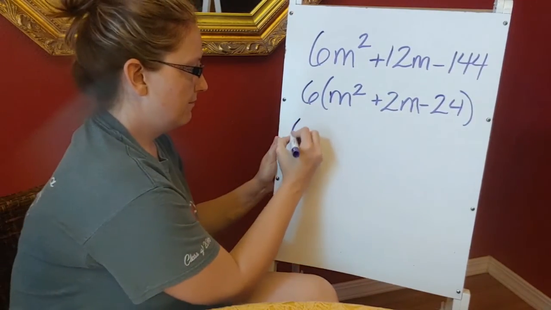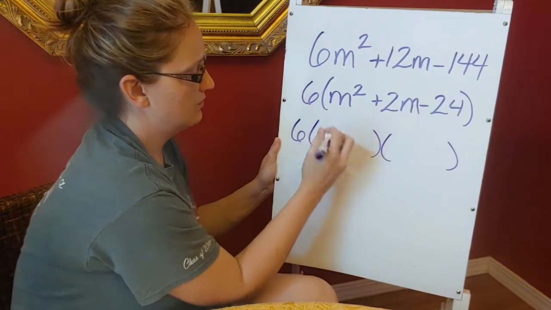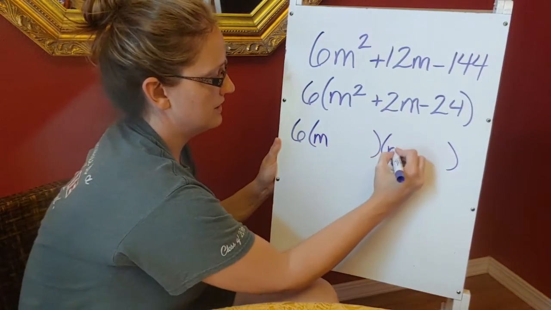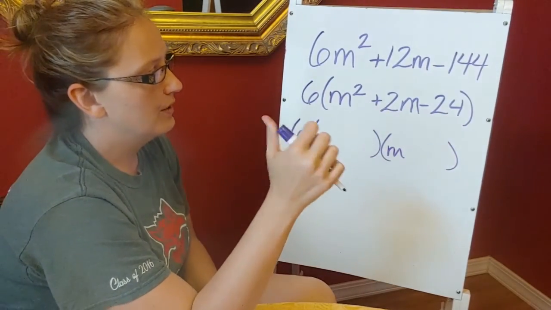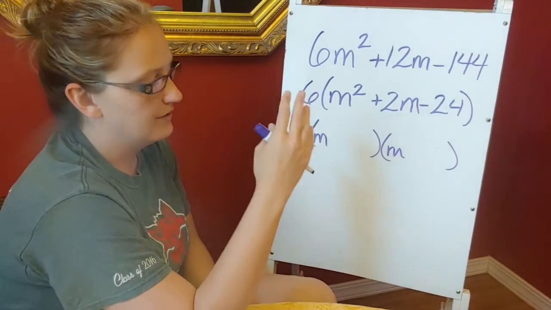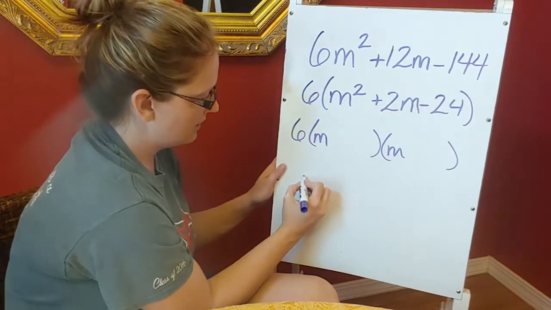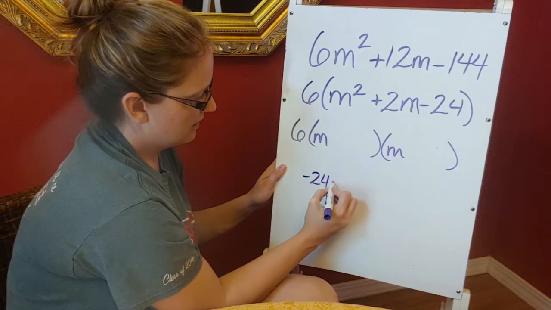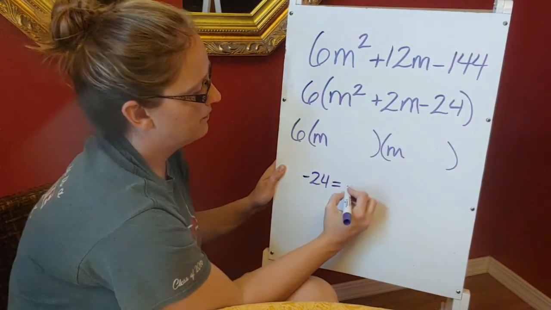And then I'm going to break out my double parentheses. M squared, I know, factors to just m. And then I'm going to look at factors of negative 24 that, when I add them together, give me a positive 2.